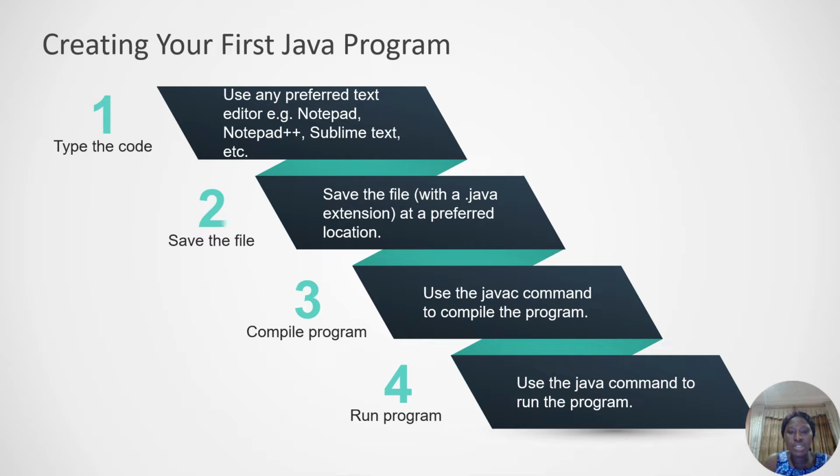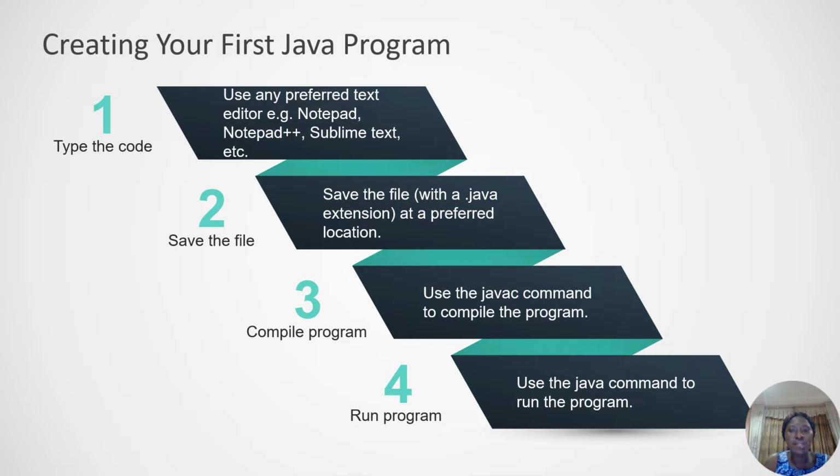You need to take note that the folder containing all your Java programs should reside on the drive that contains your Java installation. In the process of compiling your program, you would use the Java command to do that. Then we'll use the Java command to run the program.